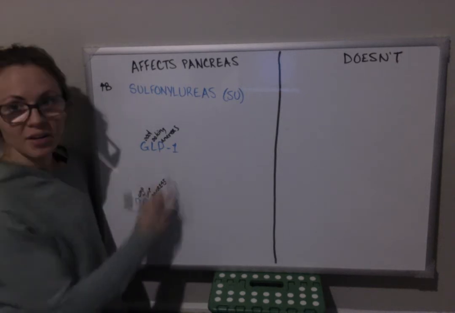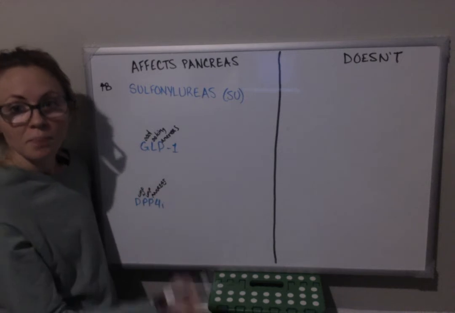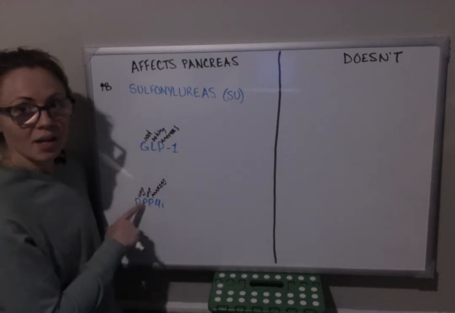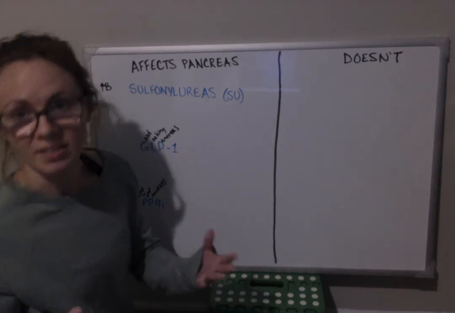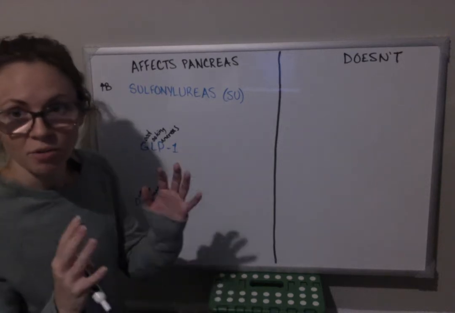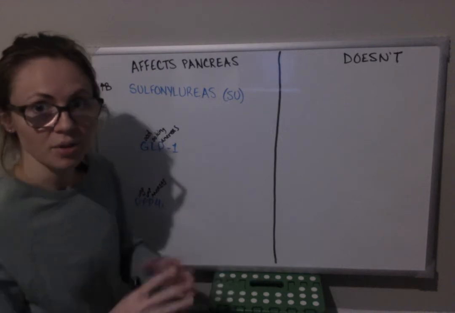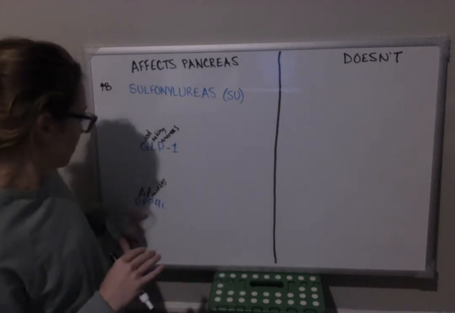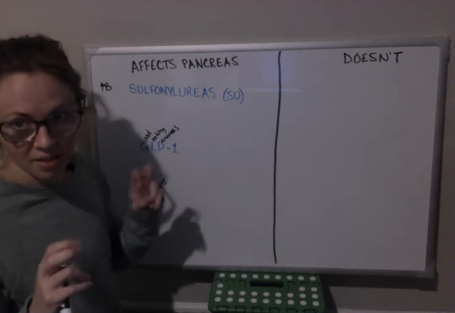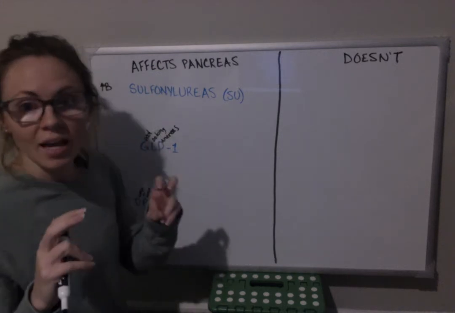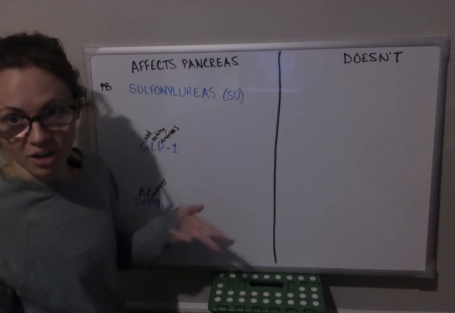So either way, you're ending up with more glucagon-like peptide, and glucagon-like peptide is a type of incretin. That's the category of proteins that it belongs to. So you'll see DPP4Is. You'll see it explain that they prevent the breakdown of incretin, and GLP-1 is a type of incretin.